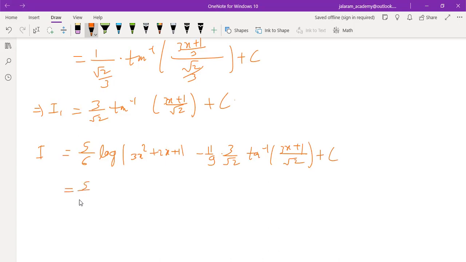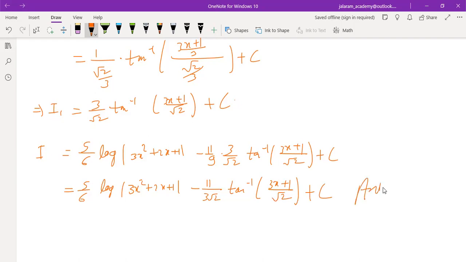That is 5 by 6 log 3x square plus 2x plus 1 minus, 3 3s are 9, 11 by 3 root 2 tan inverse 3x plus 1 upon root 2 plus c, which is the answer. Is that clear to you?